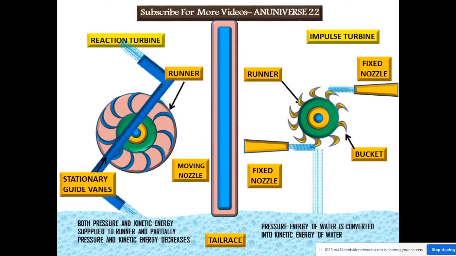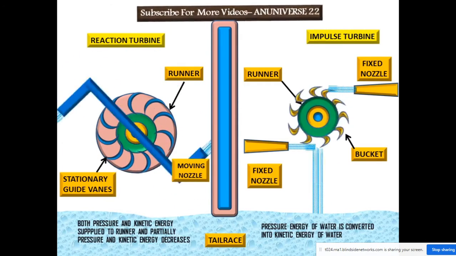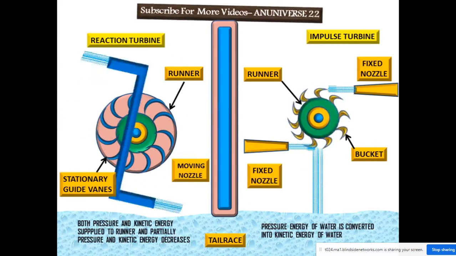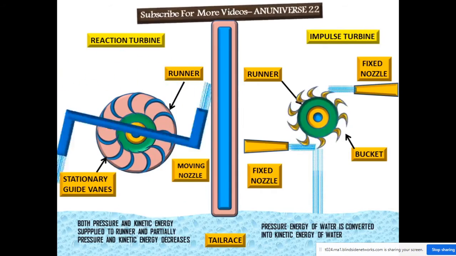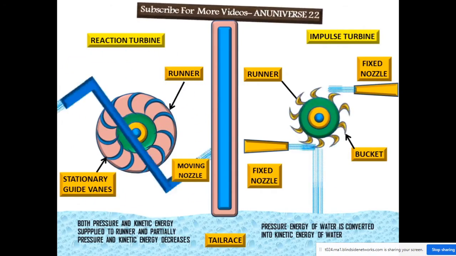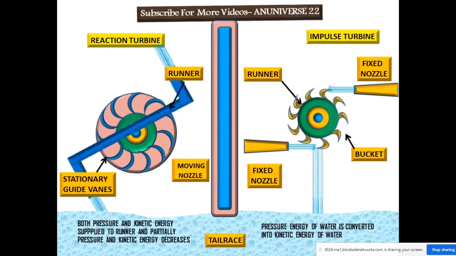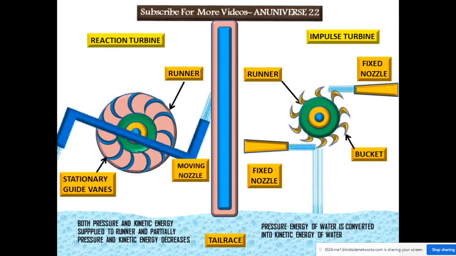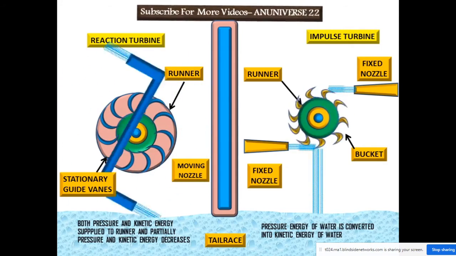The flow of water from the inlet to the tail race remains under pressure, and this turbine is completely closed by a casing. A tube connected at the outlet of the turbine to the tail race is known as the draft tube, and the purpose of the draft tube is to raise the effective head acting on the turbine.